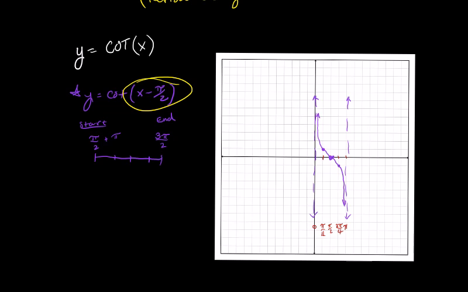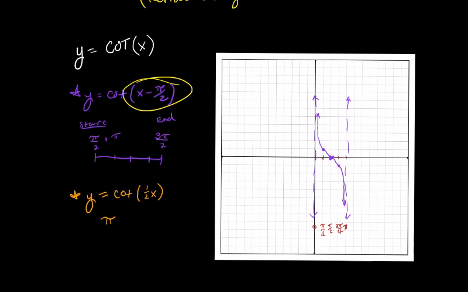The second one is, what if there's a period change? Like what if we said y equals cotangent of 1/2 x. Now we're saying that the period is being affected. That's a horizontal stretch. And remember, the period is pi.